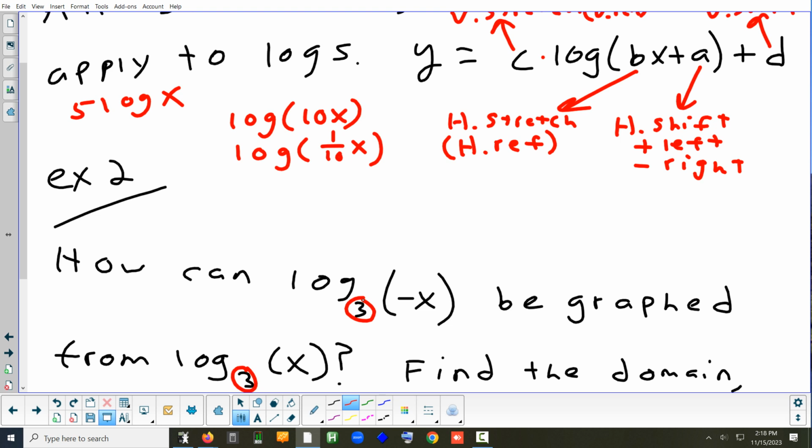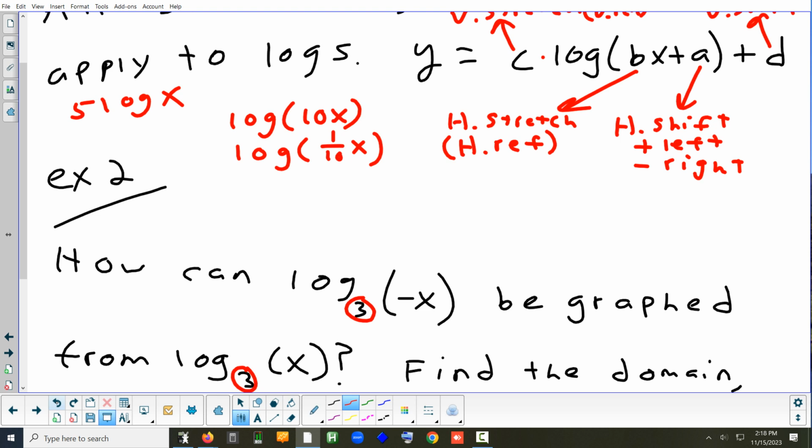All right, so when you write the transformations, follow the order. Start with A, then go to B, then C, then D. If you're missing one, you skip it. Do we have anything for A in this case? No. So you could think of it as a plus 0. There's no A there. Do we have anything for B?